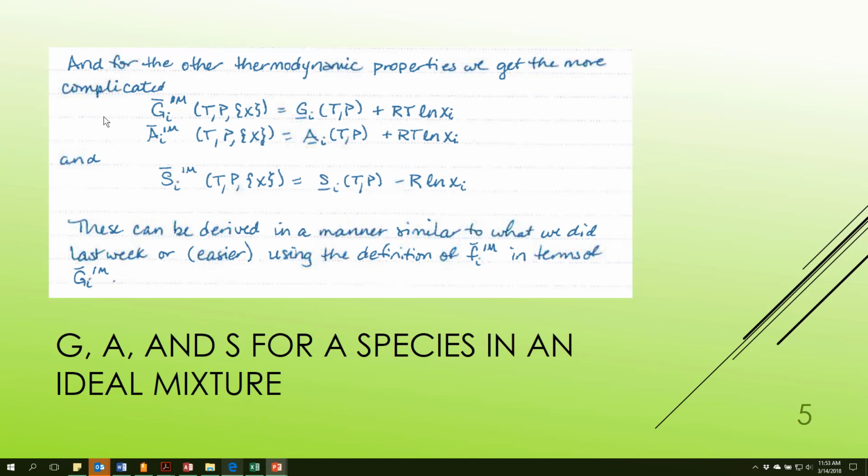And in this case, what I find out is that the partial molar Gibbs energy for an ideal mixture is the molar Gibbs energy plus RT times the natural log of the mole fraction. The partial molar entropy in an ideal mixture for a species is the molar entropy minus R ln of the mole fraction.